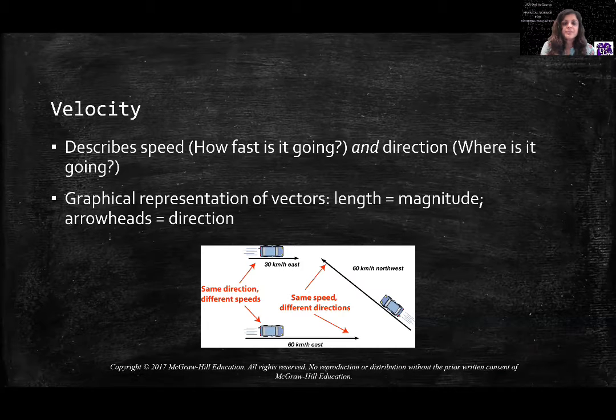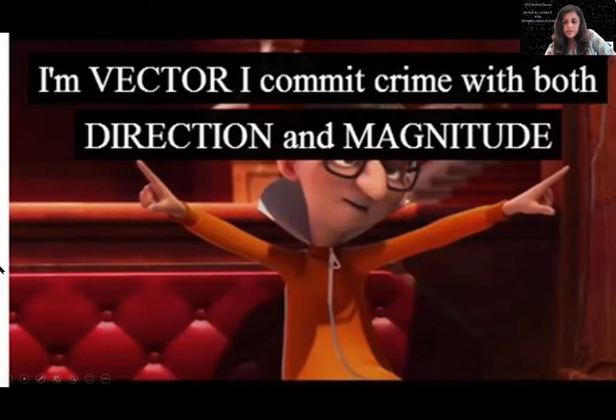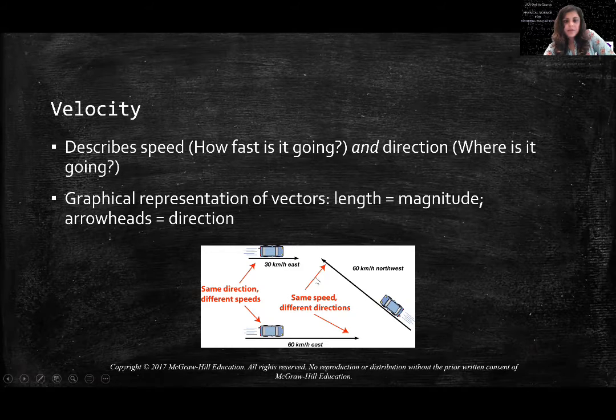All right, so velocity is going to tell us how fast something is moving and, in addition, what direction it's going to move. We represent these things graphically, where we use length as the magnitude. In the picture here, we have a car that's moving at 30 kilometers per hour due east, and we see we have a short arrow pointing here.